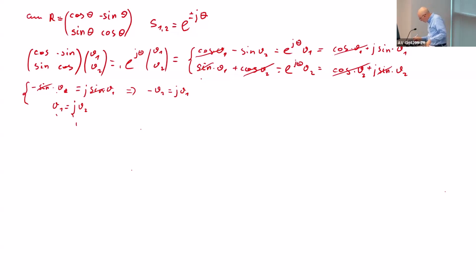So from these two, you get a new system of equations. If you multiply by j on both sides in the first equation, you get v1 equals j v2. And from the second one, the same thing.